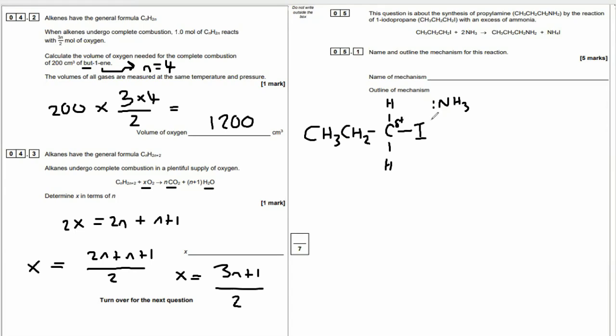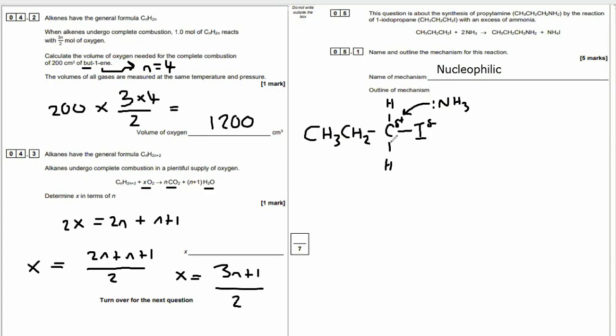And remember the halogen carbon bond here, that carbon is delta positive, so that lone pair is going to be donated over there, and that will then inform us about the name of this mechanism. What do we call a species that will donate a pair of electrons? That's a nucleophile. So we know that this is going to be nucleophilic. I'll come to the second part of that name in a second.